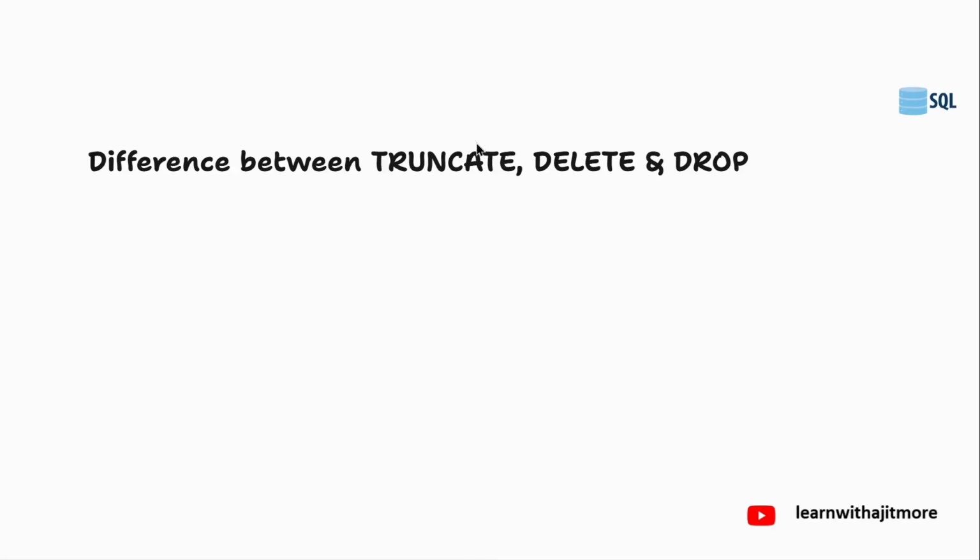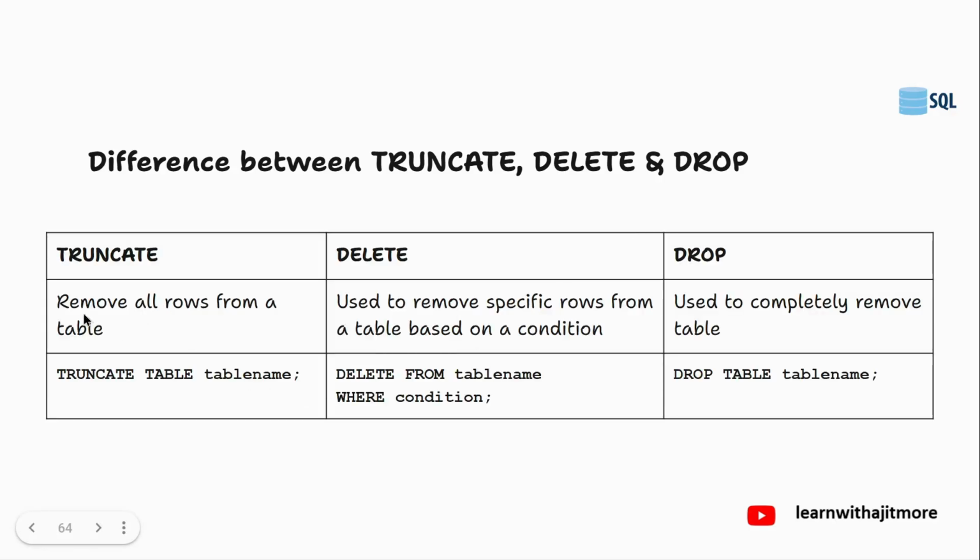So the difference between truncate, delete, and drop. Truncate removes all rows from a table. All the rows are deleted from the table, but the structure will remain. Delete will also remove rows from the table, but here you can delete conditionally.